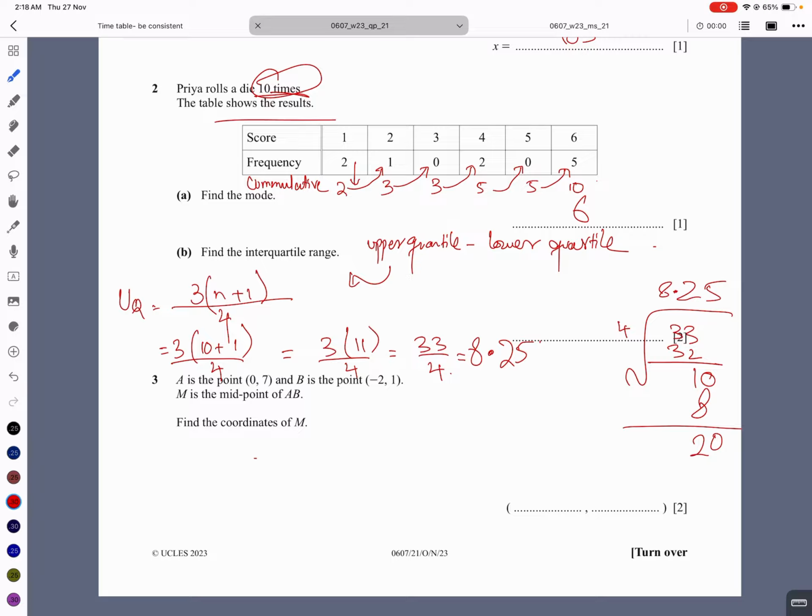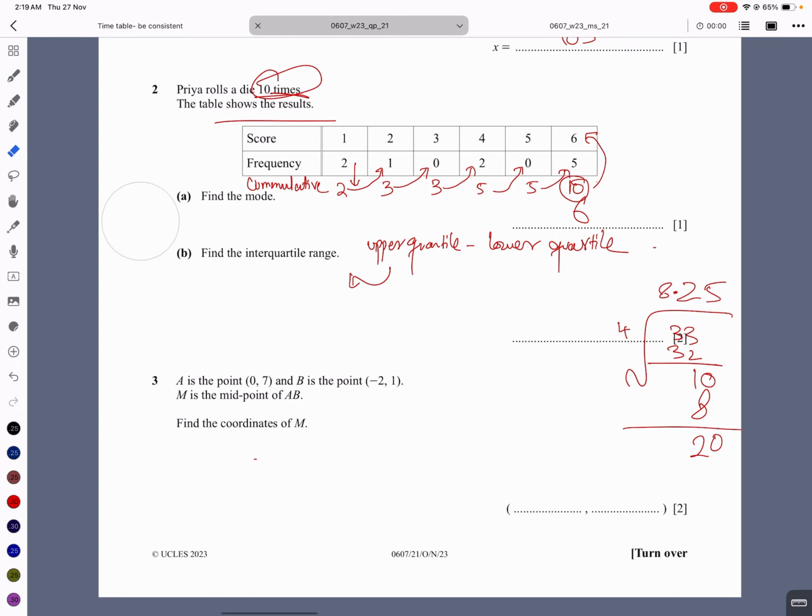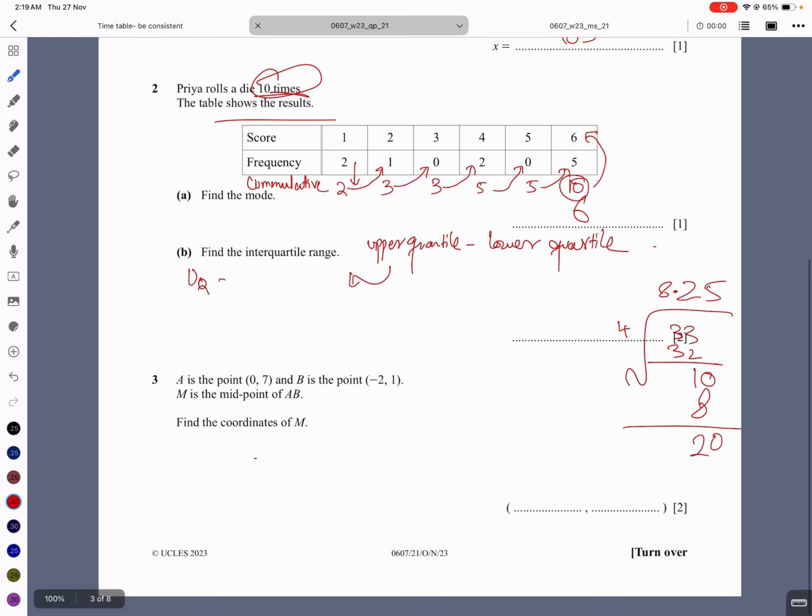Okay, now tell me the 8.25th value, what is it closer to? It is closer to 10, isn't it? So it means this cumulative frequency has the score, so the upper quartile is 6. So by this question I found the upper quartile is 6.